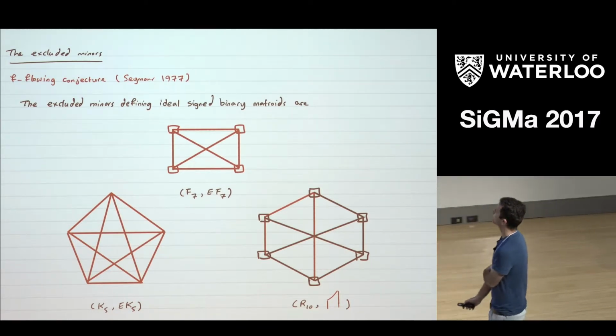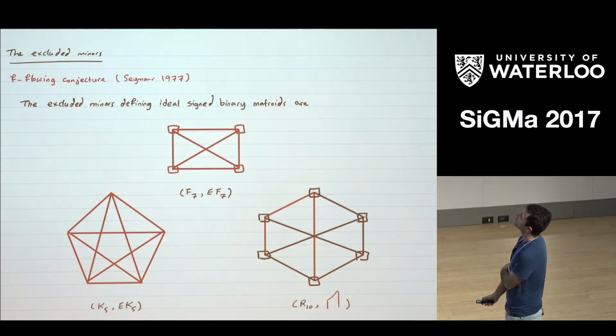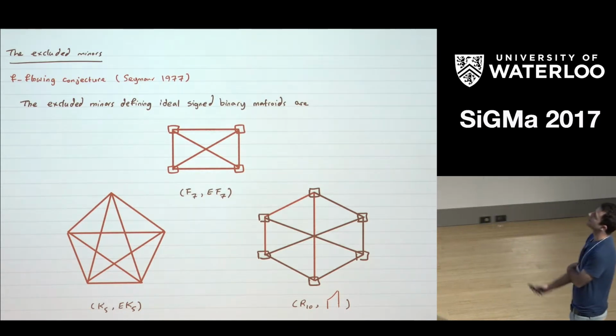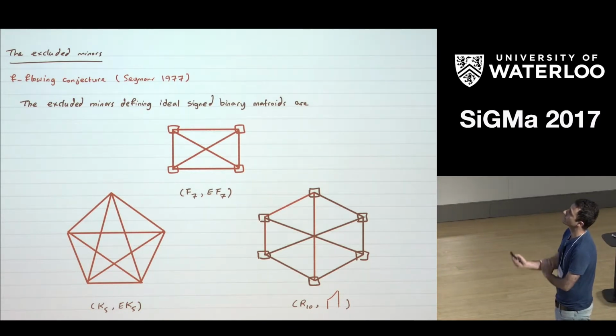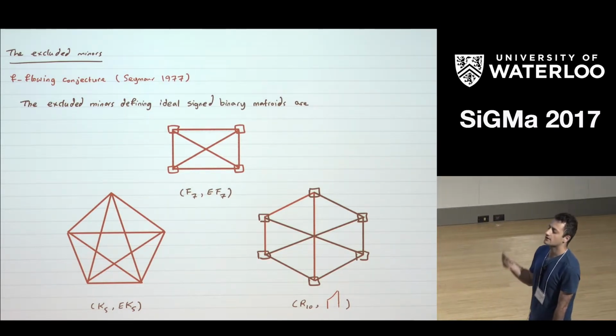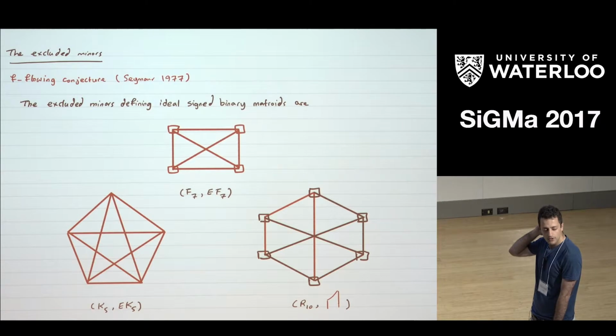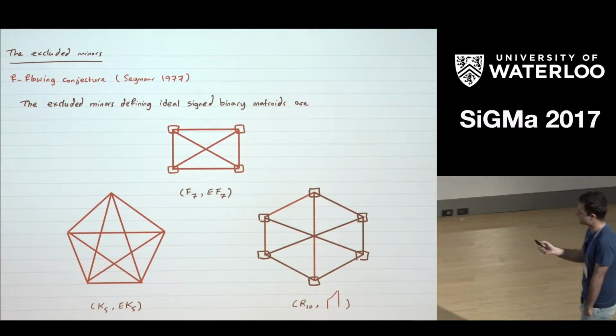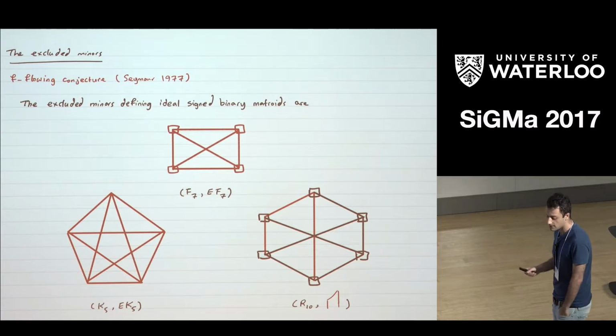Okay, so this conjecture, again, as I mentioned at the beginning, is very important in different areas, including combinatorial optimization. One reason for its importance was basically weakly bipartite graphs.